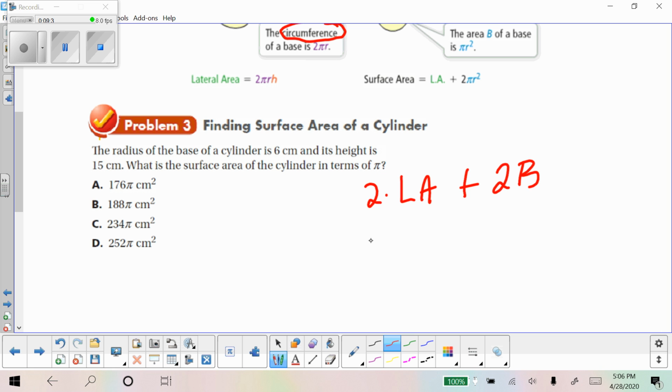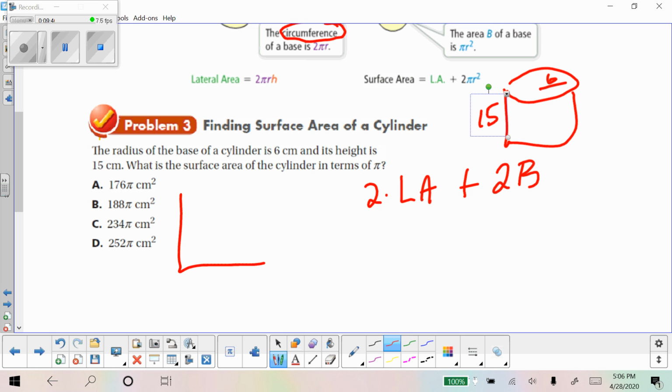So the lateral area of the cylinder that has the radius of 6 and a height of 15. The lateral area will look like this when you unroll it. This is your circumference, which will be 12 pi.